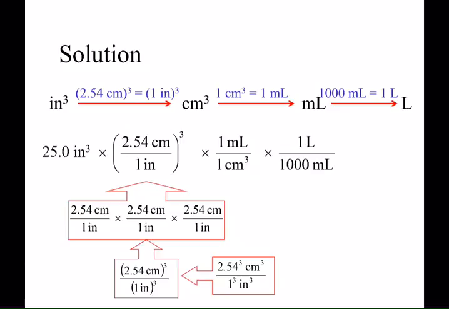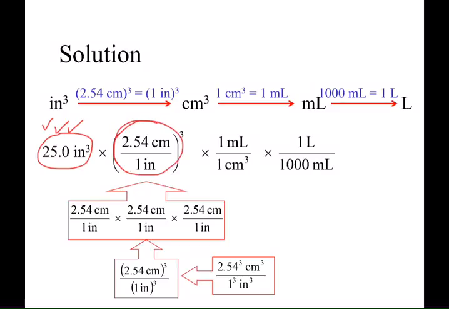Exactly. Now, before I show you the answer, let's just double check how we're going to round this. Is there any uncertainty brought by this number? Yes. We have 3 sig figs. Is there any uncertainty brought by this? No, it's by definition. Any uncertainty brought by either one of these?